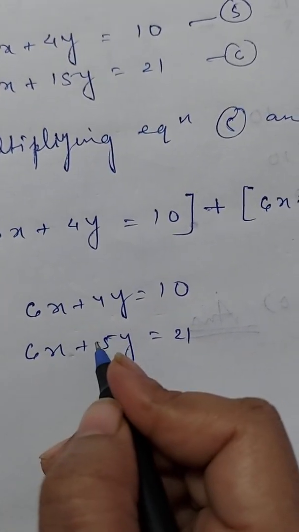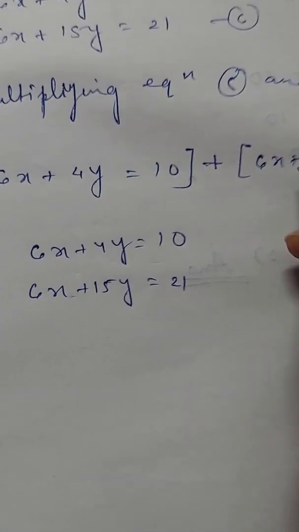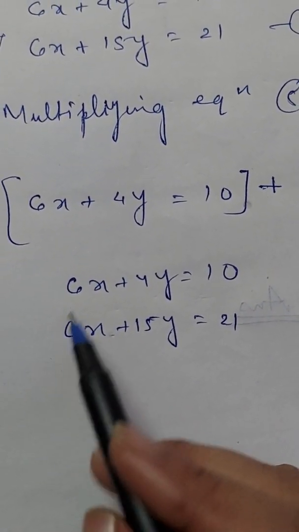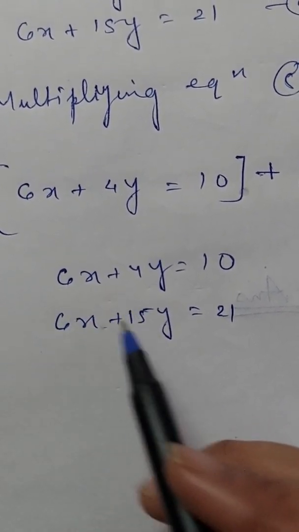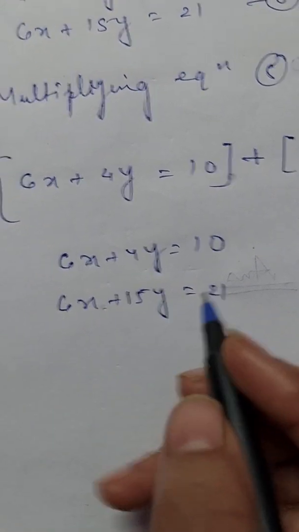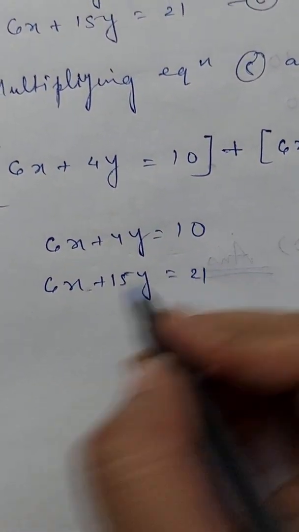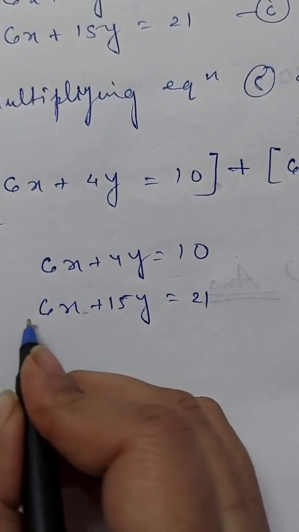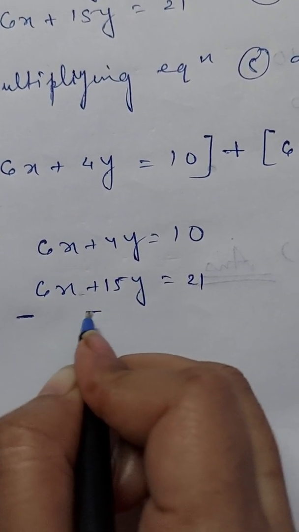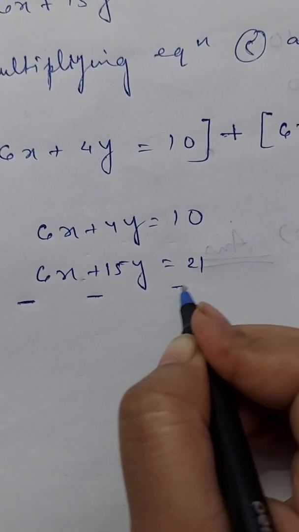Now here we can see, by adding these two, we cannot eliminate any variable. So we have to revert the sign of equation number 6. Reverting means this positive will become negative, this positive will become negative, and this positive will become negative.